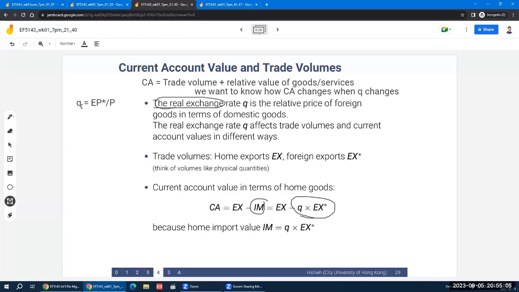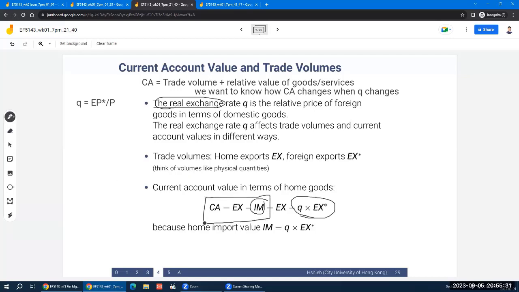If foreign goods become more expensive, you want to curtail your consumption abroad and consume goods domestically. So price levels here should be one of the main drivers of changes in the current account. And we can see this change already by looking at how the current account changes with respect to Q by looking at the equation I introduced to you earlier, right?